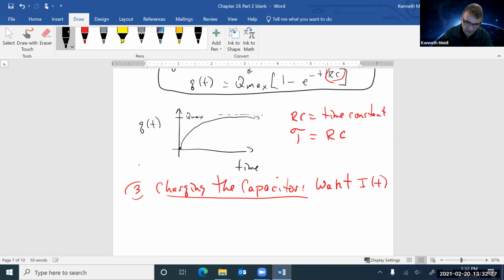Okay, so I've got a function for the charge on the plates, and so what I really want here is, what's the current really doing? I think what I'm going to do is write down what I've got in the step above. I've got Q max, and then times this function here.